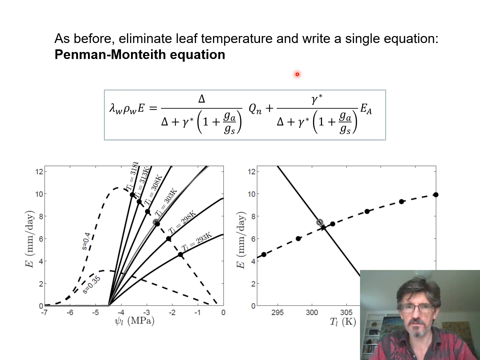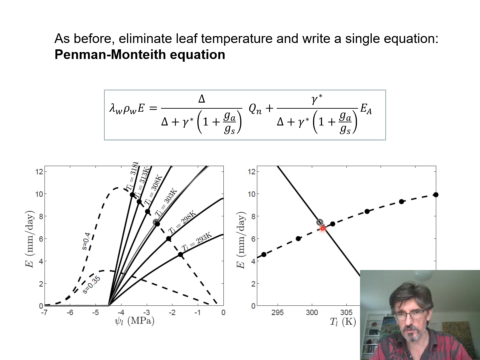How does this equation do in terms of computation? Well, here is a comparison of the results applying the Monteith equation compared to the calculations that you would do solving the full system of equations like we did in the previous lecture. So the black points here are the solution that you would get from the soil-plant-atmosphere continuum. This is the solution that you would get from the energy balance, the intersection, which is this star here.